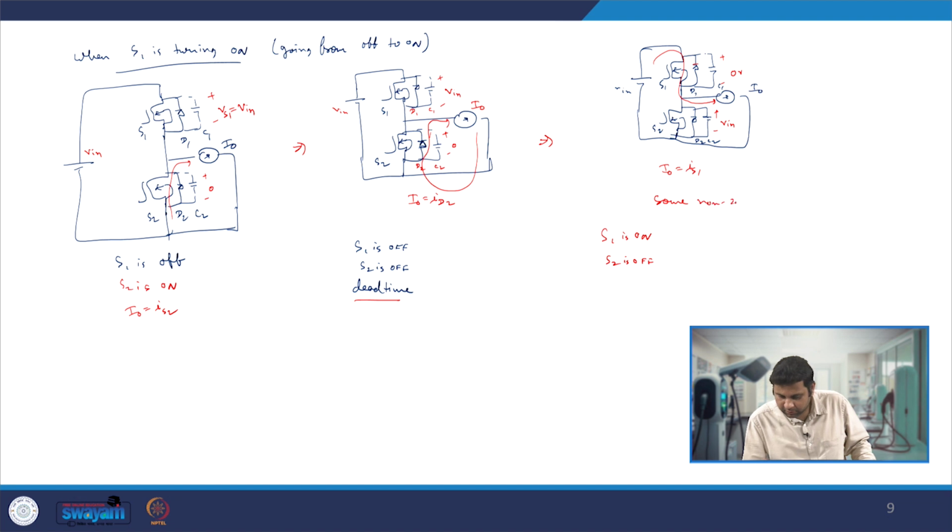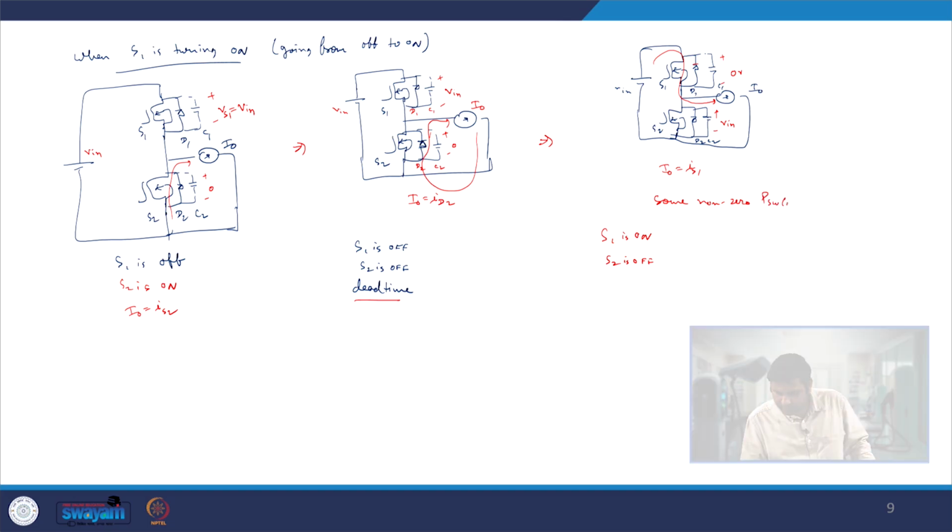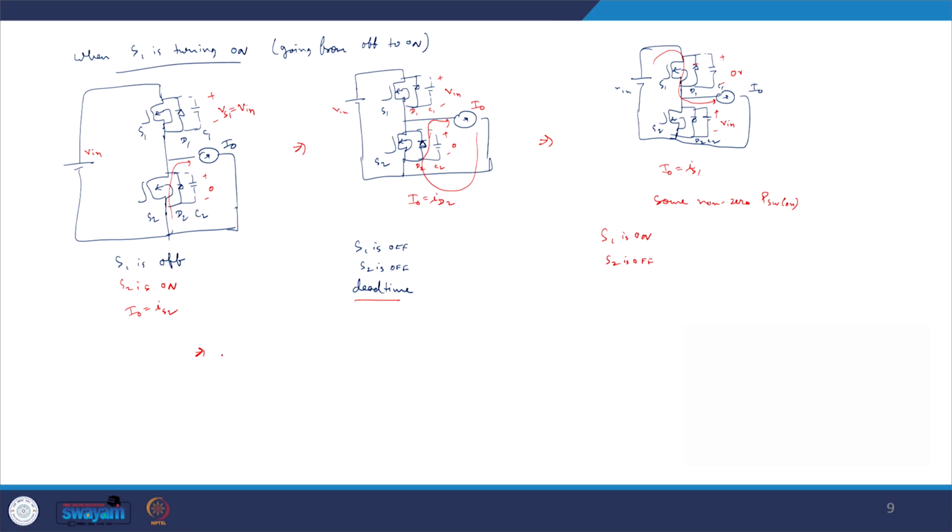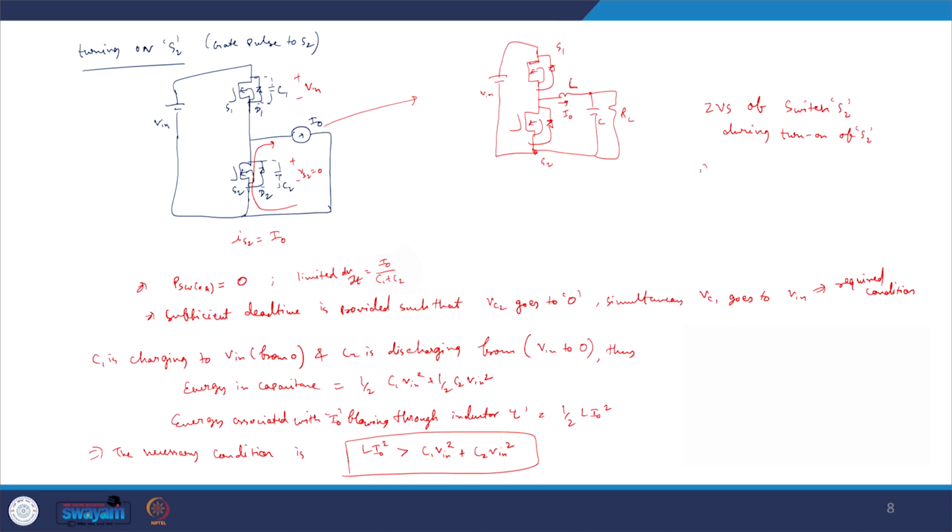some non-zero T switch on is there, or some non-zero P switch on will be there. As in the case when S2 is turning on, we have zero voltage switching, or ZVS, of switch S2.